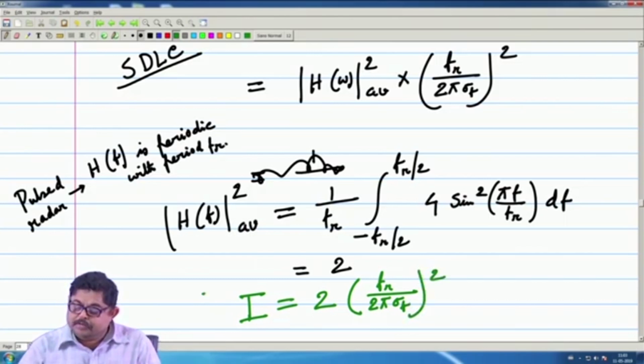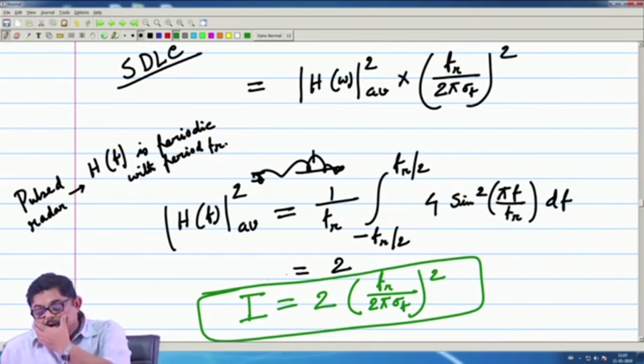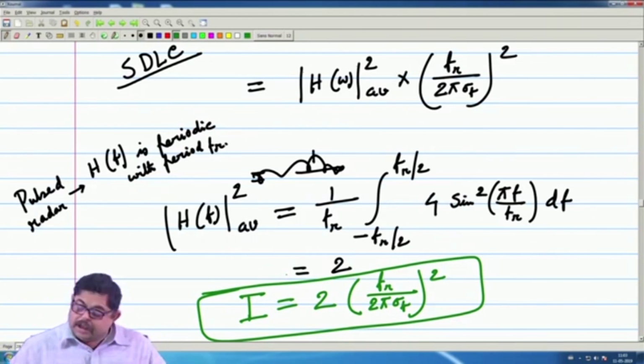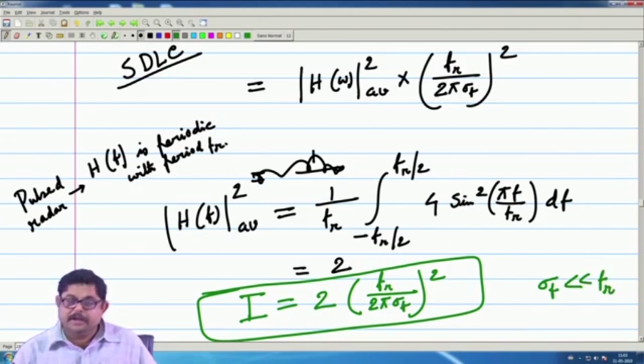This is a very useful relation. It is something like clutter attenuation, but multiplied by 2 for single DLC. And I am again reminding the region of validity: sigma f should be less than f r, then only this is valid, because we have assumed that in evaluating it.